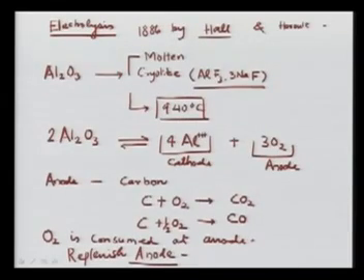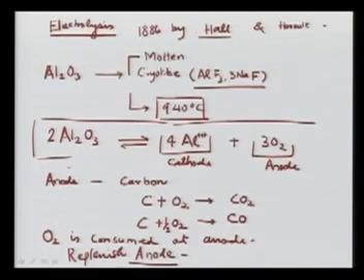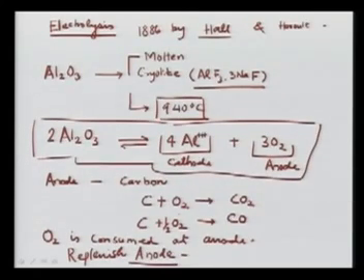If we divide it further, we need an electrolytic cell, we need this process to go on. But we also need to produce the anode, let us not forget that, because the anode is being continuously consumed.